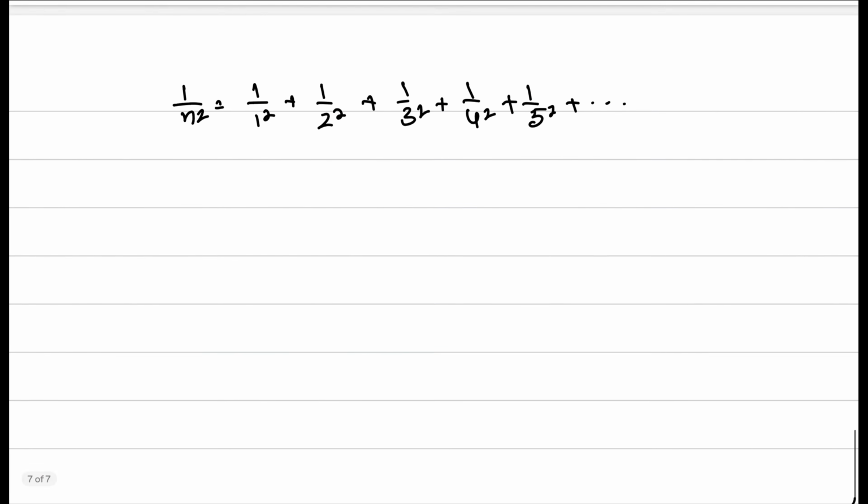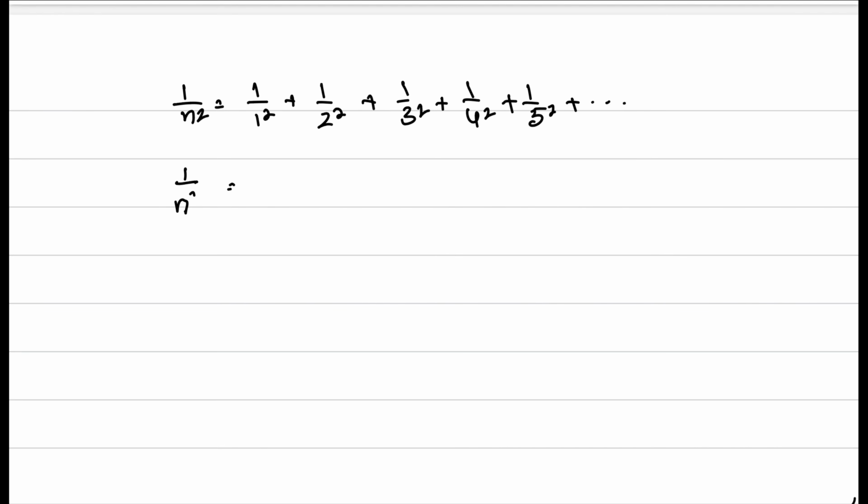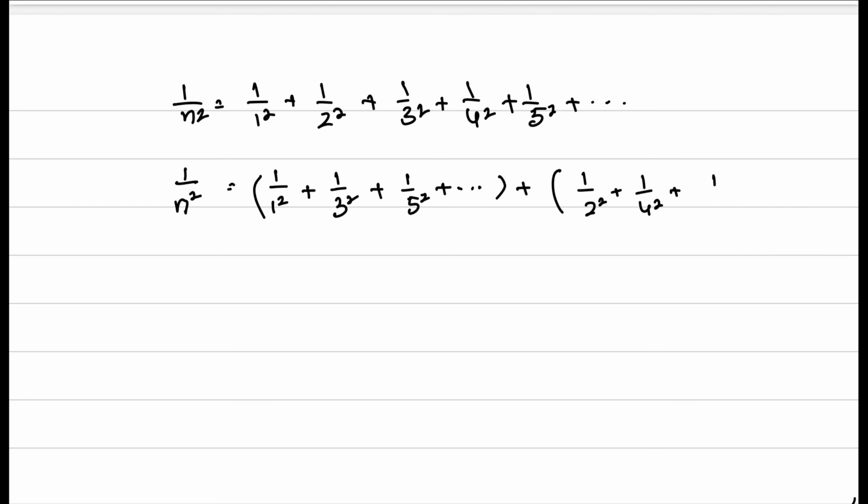Please try to understand the concept here. That is 1 by 1 square plus 1 by 3 square plus 1 by 5 square plus so on, plus 1 by 2 square plus 1 by 4 square plus 1 by 6 square plus so on.